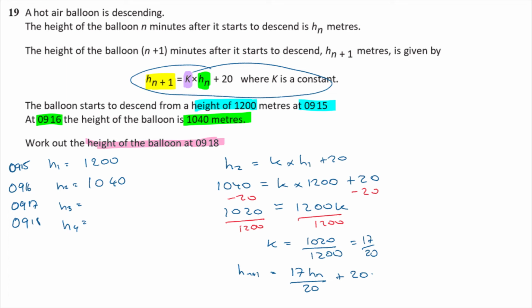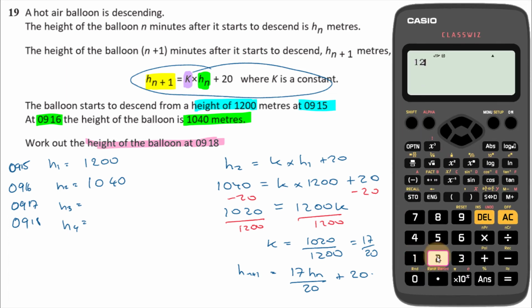I'm going to just start with the initial value so I can show you it works. I'm going to type in 1200 and then press equals, so it's the last calculated value. And then I'm going to type in 17 over 20 times answer plus 20.